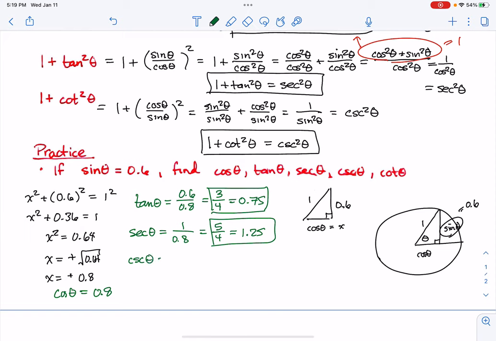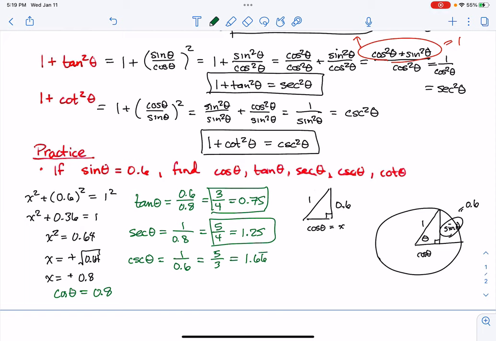Cosecant, that's going to be 1 over 0.6. And that's 10 over 6, 5 over 3. Okay, so it's going to be something like 1.66 repeating. I'll go ahead and round it. All right, I shouldn't draw the bar. In fact, let me just go ahead and do this. I'll draw the bar over the 6.